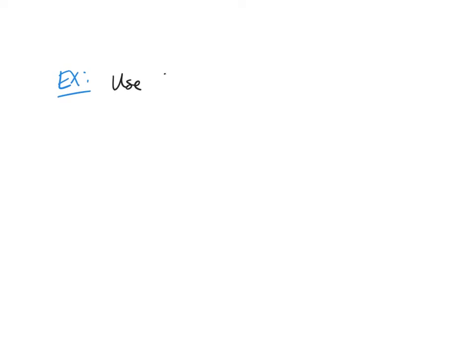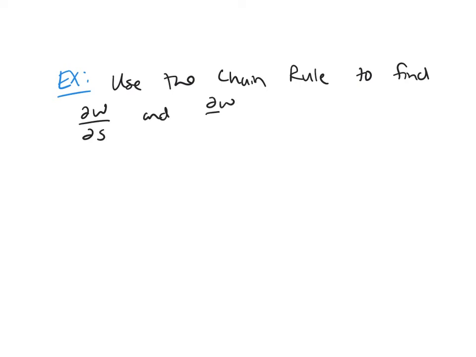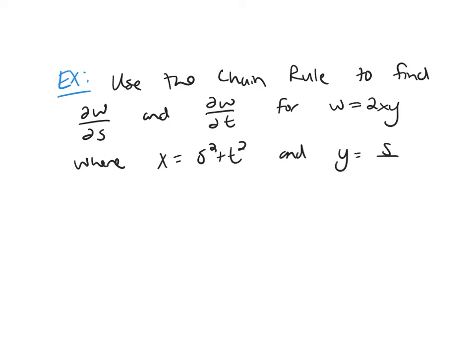Use the chain rule for two independent variables to find the partial derivative of w with respect to s and the partial derivative of w with respect to t for the function w equals 2xy, where x is s squared plus t squared and y is going to be s over t.